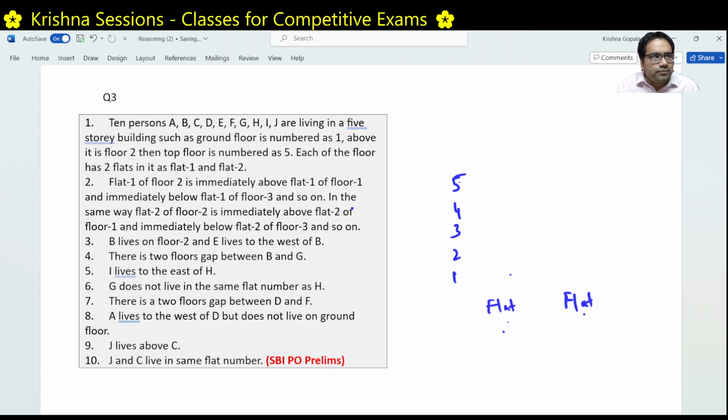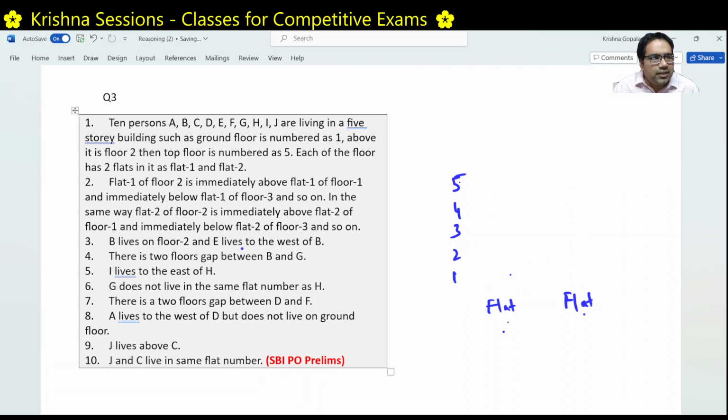So if this is flat 1, then flat 1 floor 2 will be immediately above flat 1 floor 1, and immediately below flat 1 of floor 3. So this all will be flat 1s and this all will be flat 2s. But we don't know if this is flat 1 or this is flat 1. Doesn't matter. Let's go ahead.